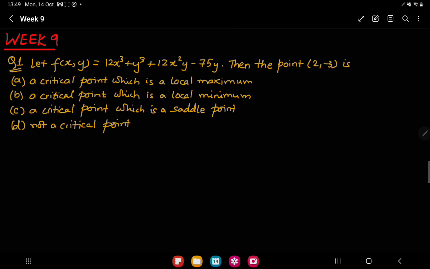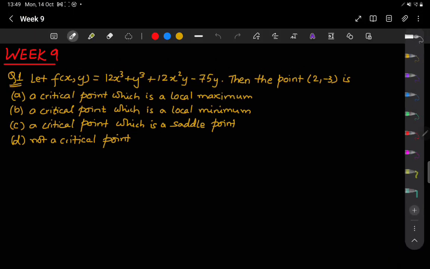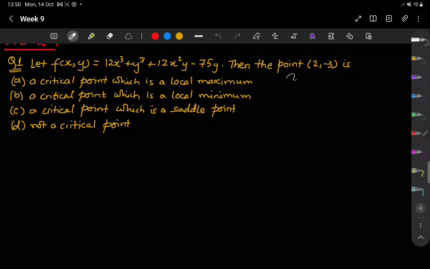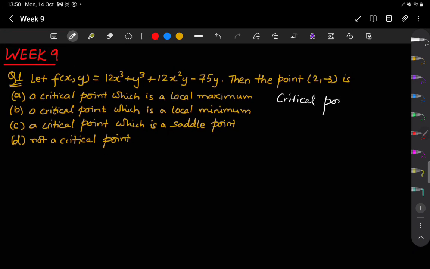Okay, so let us now discuss the solution. A critical point is a point in which the gradient of the function is 0.